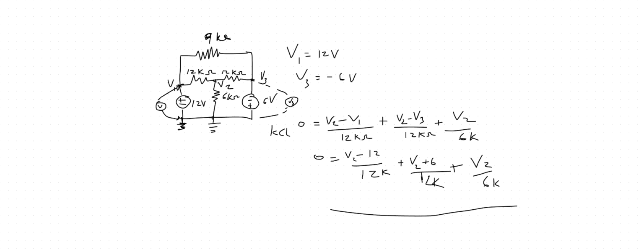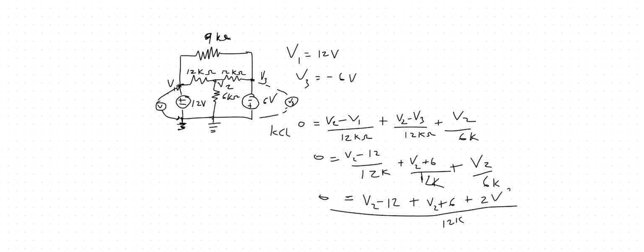So we'd use 12 and 6. So that's equal to 0: V2 minus 12, plus V2 plus 6, plus 2V2.